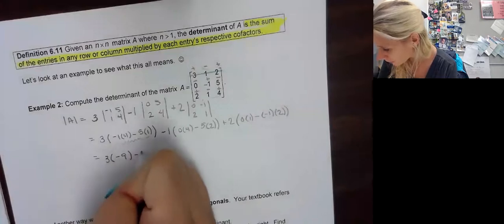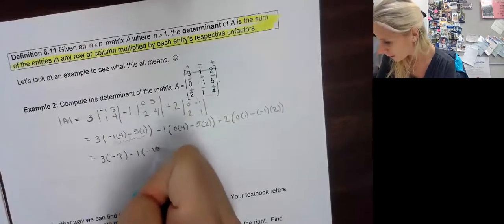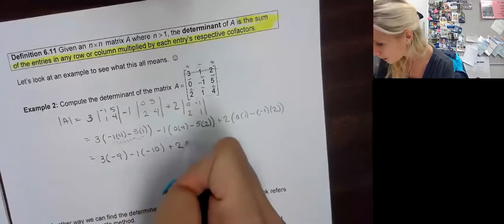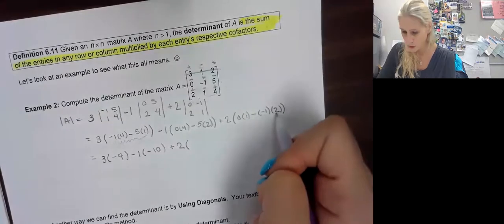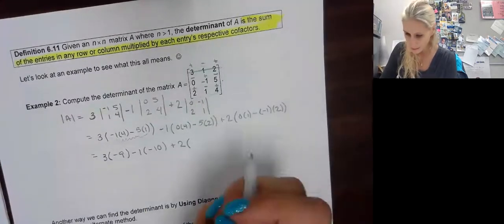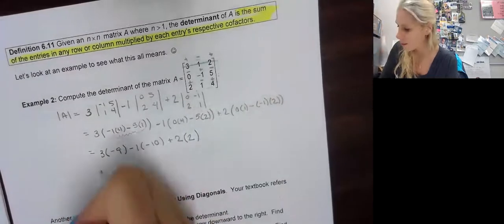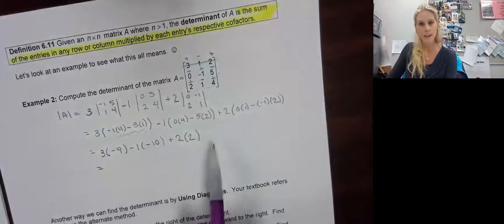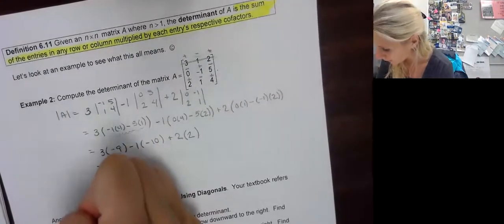I have this -1 times, well, that's 0 minus 10, which is -10, plus 2 times -2, so that is going to be +2. Now I can even break that up more, and I can calculate this on my calculator. I feel fine with that, and I get the value of -13.